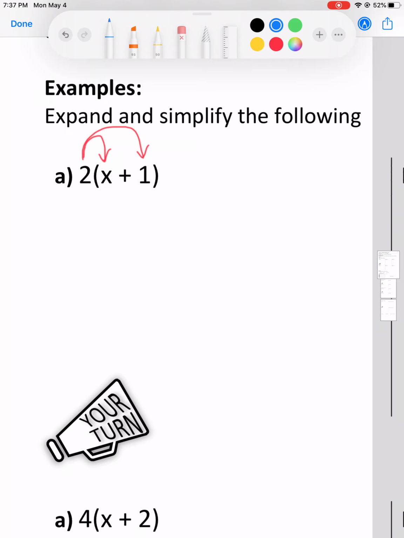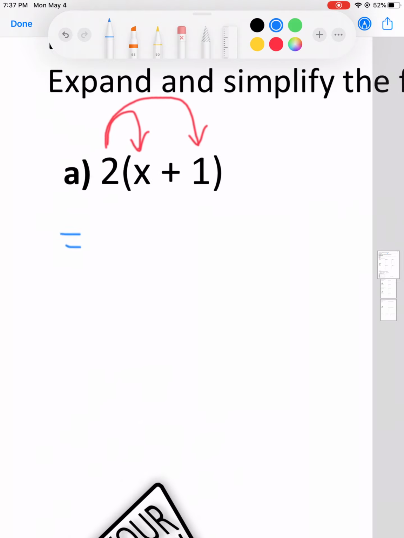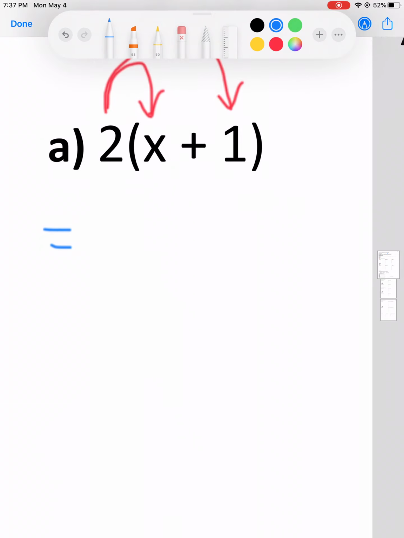So, a little closer. We're going to have 2 times x. Okay. I'm going to get rid of those equal signs, sorry. Switch of mind. 2 times x is going to be my first one, and what does that give me? Well, it's just going to give me 2x. And then I'm going to have 2 times 1.